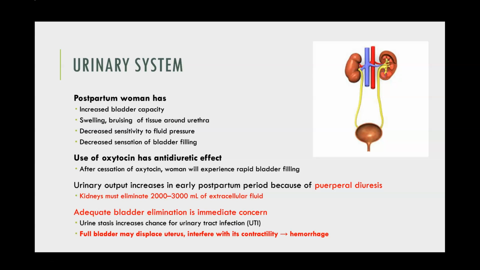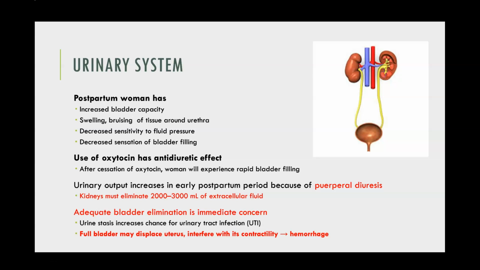Pretty much every patient who has had a labor and delivery gets some type of oxytocin, and oxytocin has an antidiuretic effect. Most women get this in the postpartum period, and a lot of women get it during the intrapartum period as an augmentation or if their labor is being induced.